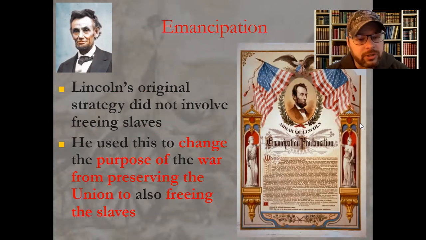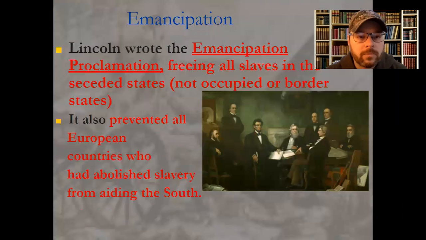Emancipation. So Lincoln's original strategy for the war did not involve freeing slaves. He used this to change the purpose of the war from preserving the Union, his original goal, to freeing the slaves. And this had quite a few consequences. Lincoln wrote the Emancipation Proclamation, freeing all of the slaves in the seceded states, the Confederate states, that were not occupied or border states.